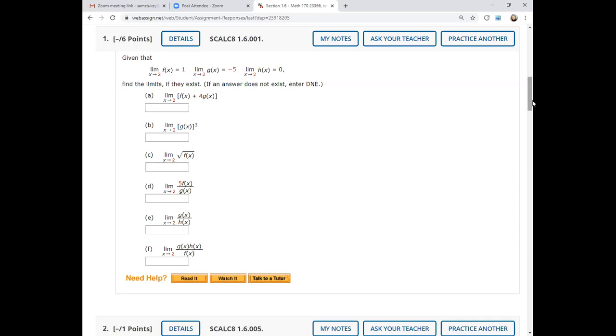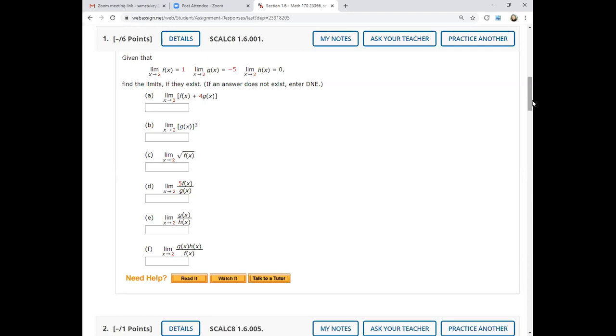So 1 here plus 4 times negative 5. So 1 plus 4 times negative 5 would be 1 plus negative 20. That would be negative 19.